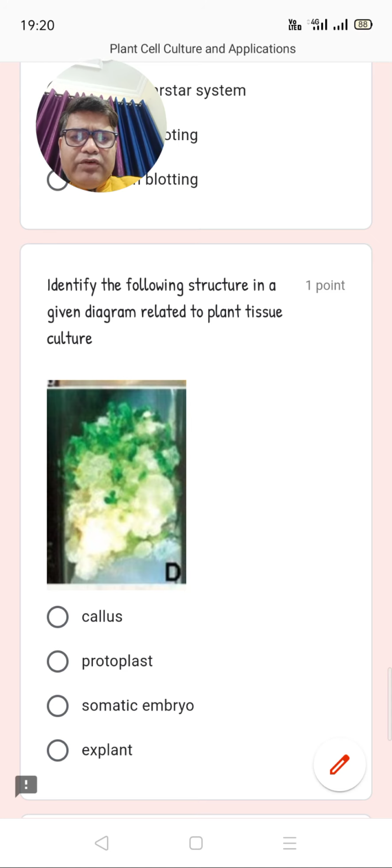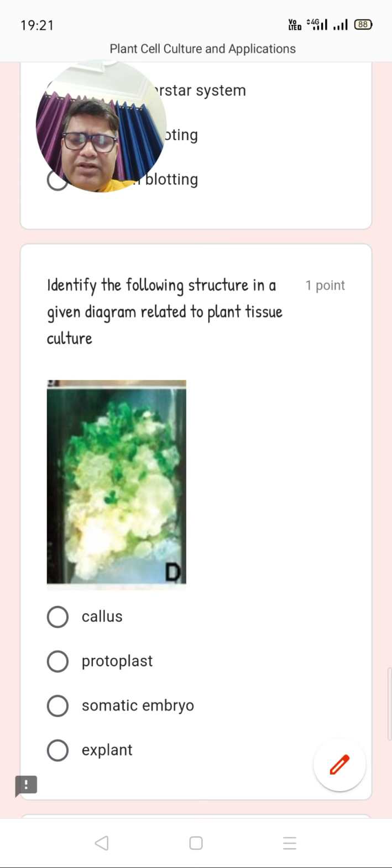You have to observe such a diagram minutely. Is it callus or protoplast? Callus is undifferentiated, unorganized growth of plant cells. We cannot say it is a root part or a stem part of the plant in the initial stage of plant tissue culture.